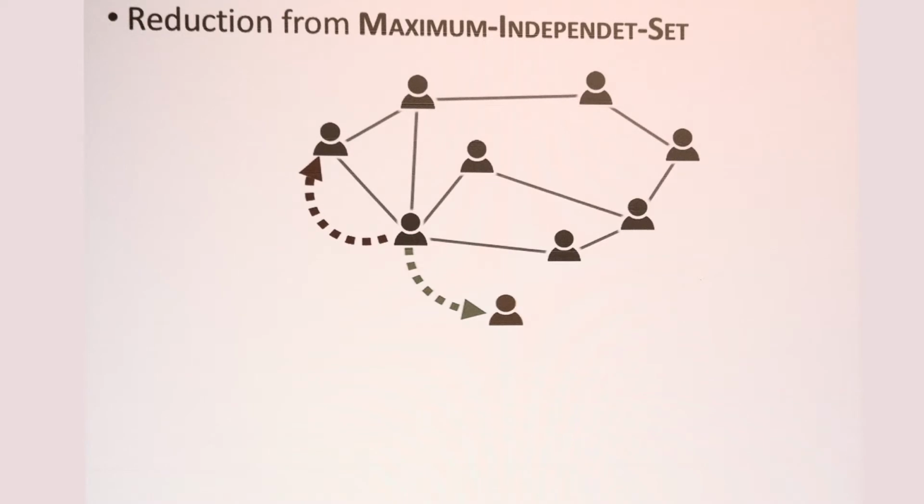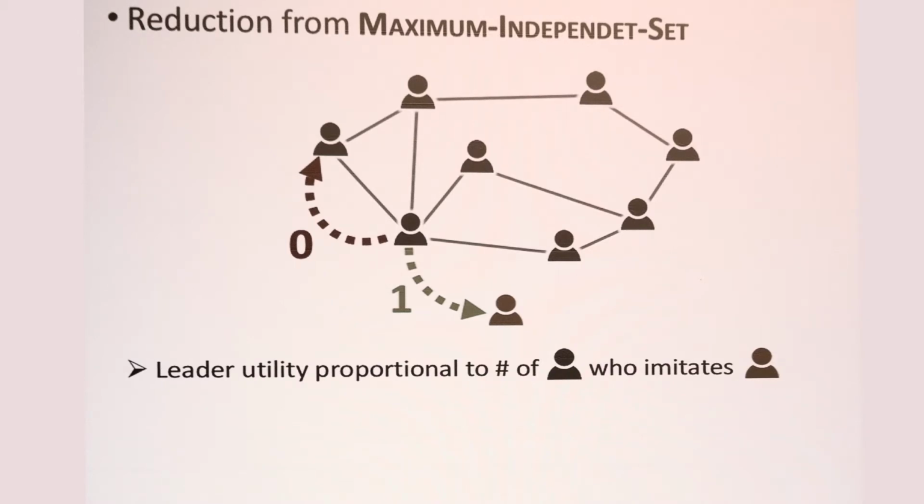If they eventually choose to imitate the special follower type, then the leader is able to obtain a utility 1. But if they choose to imitate their neighboring follower type, then the leader can only obtain a utility of 0. So the leader's utility in this game is proportional to the number of node followers who choose to imitate the special follower type.